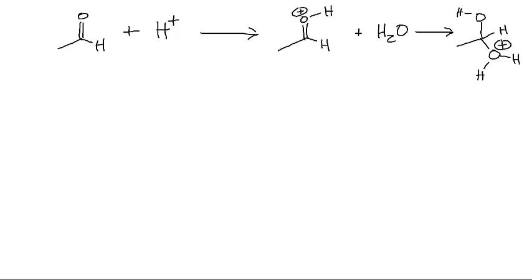Water comes along and bonds, now that the carbon-oxygen double bond is weaker. And then the last step is for H+ to fall off. And so we make a molecule that looks like this, plus H+.